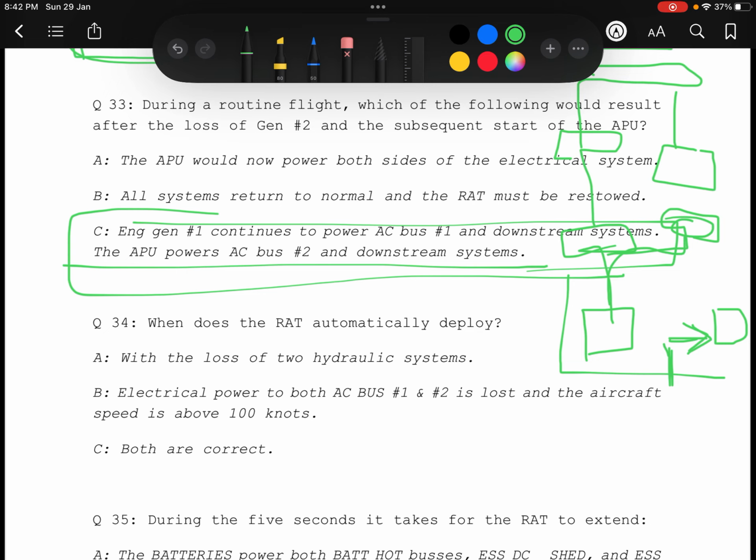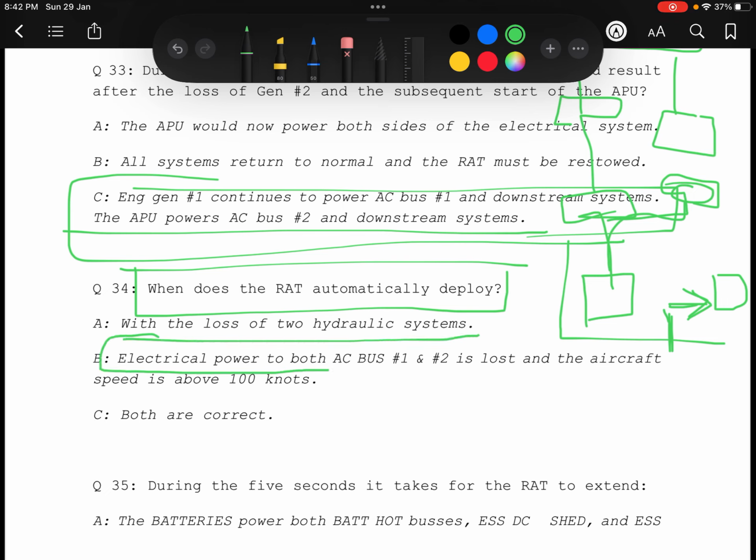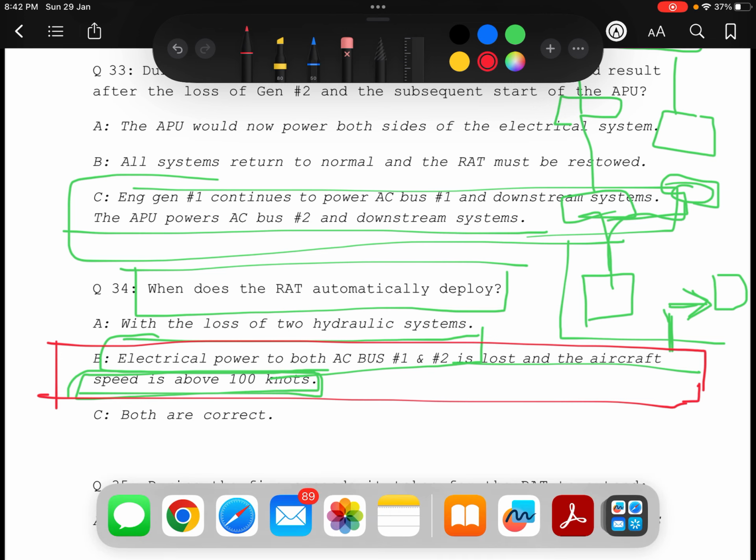Again the same question has come: when does the RAT automatically deploy? When electrical power to both AC bus 1 and AC bus 2 is lost, and aircraft speed is above 100 knots. So this is the requirement for deployment of the RAT. You will definitely find it in the FCOM.